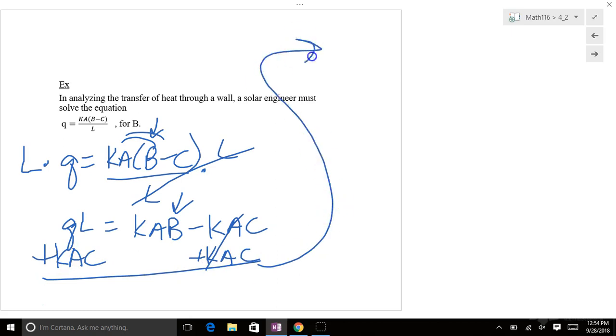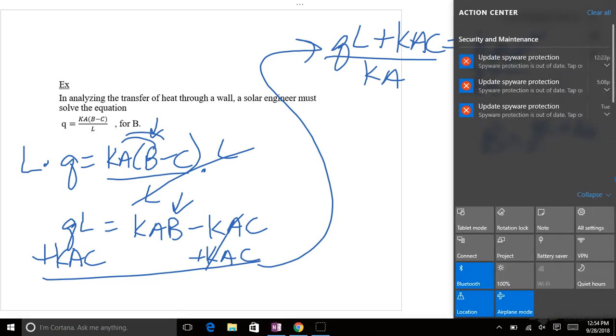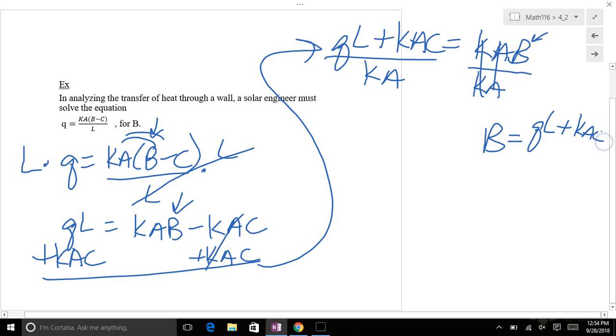So we've got QL plus KAC equals KAB. Again, we're solving for that B. So just get rid of the KA. Since it's being multiplied by the B, we're going to divide. Each of these terms will be divided by KA, but we can just put it all over that. So B equals QL plus KAC, all over KA.